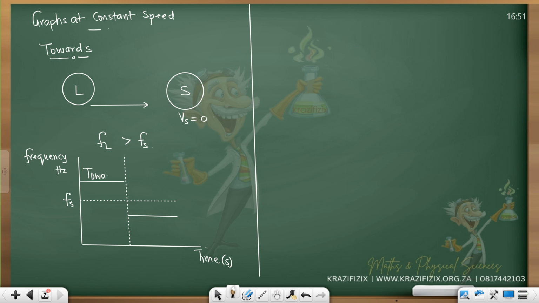This is going to be towards, and this is going to be away. Both the top and the bottom are measuring frequency of the listener. And this graph will happen when the listener moves at constant speed.